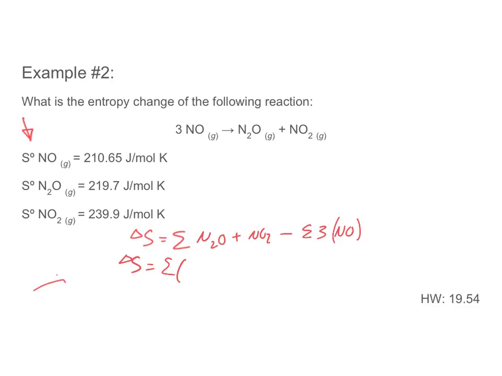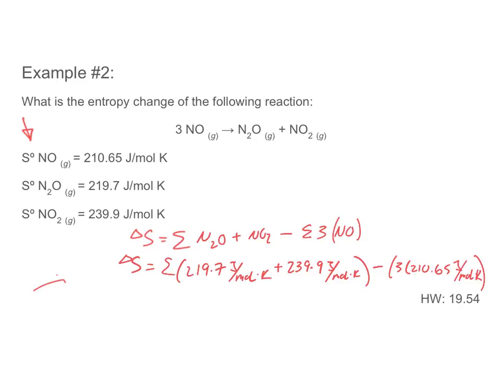So when I go to plug this in, the N2O is 219.7 joules per mole Kelvin, plus the NO2, which is 239.9 joules per mole Kelvin, minus the sum of 3 times the 210.65 joules per mole Kelvin.